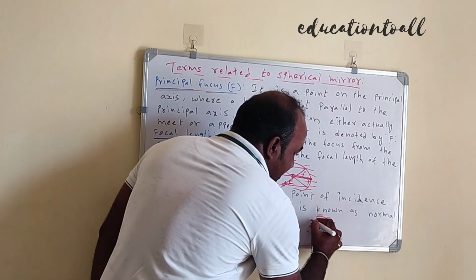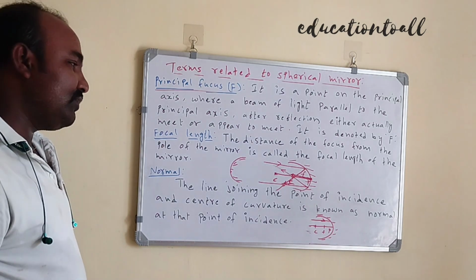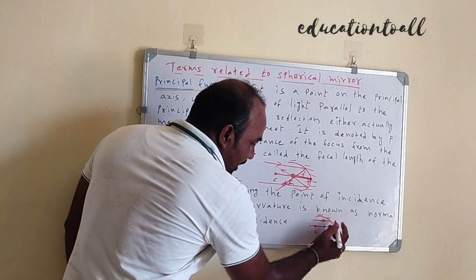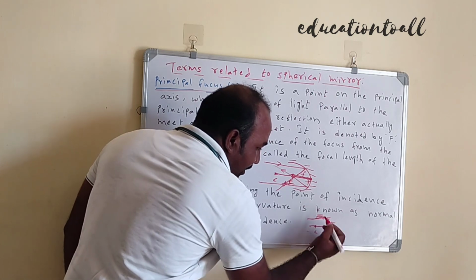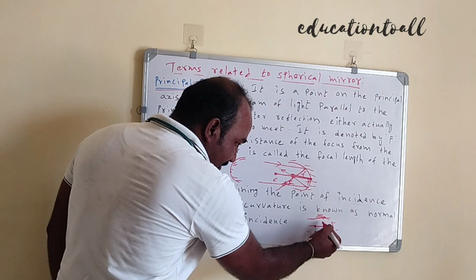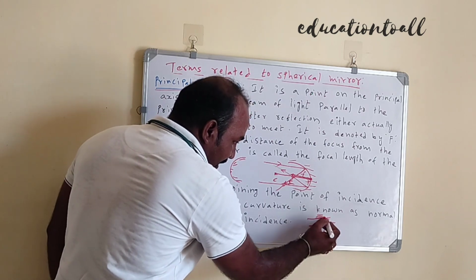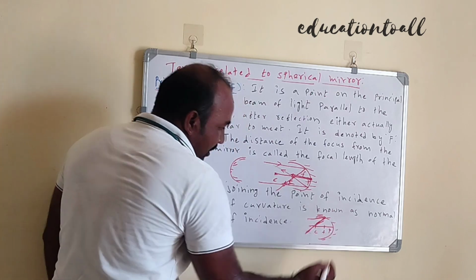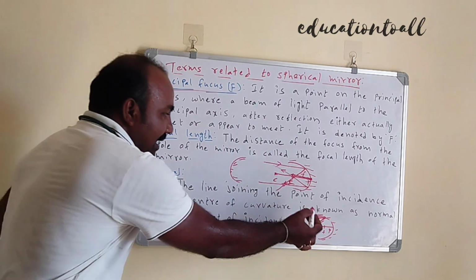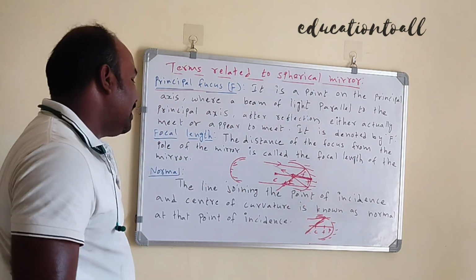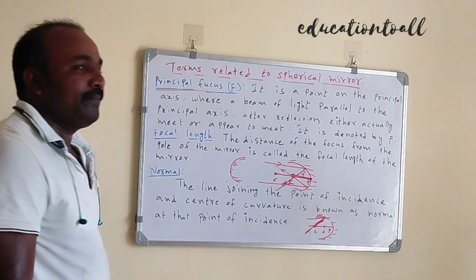When the light ray is passing either parallel or through the focus, from the point of incidence to the center we can draw one line. So this is the normal. The line joining the point of incidence and the center of curvature is called the normal.